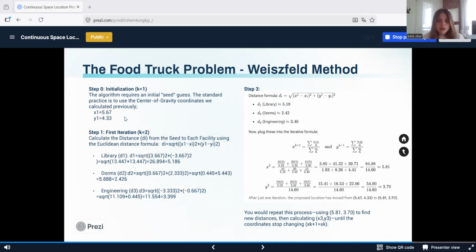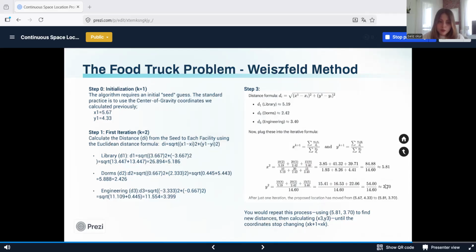We calculate the straight line Euclidean distance di from our starting point to the library, dorms, and the engineering building. Step 2 is we put those distances into the Weiszfeld formula in here. When we do the math for just one loop, our new x becomes 5.81 and our y becomes 3.70.